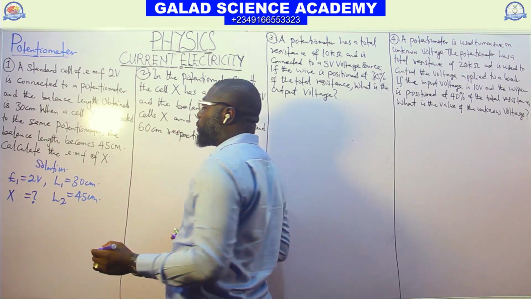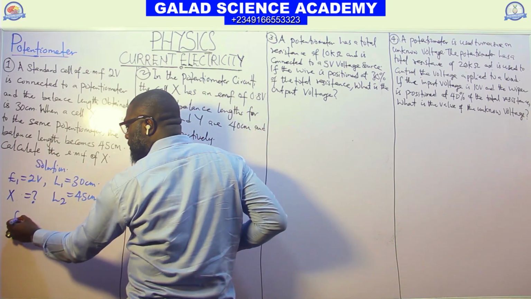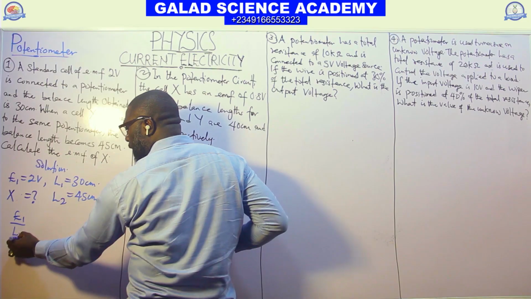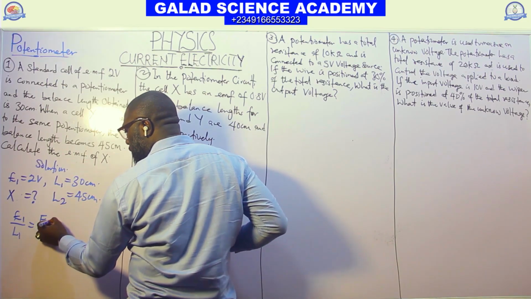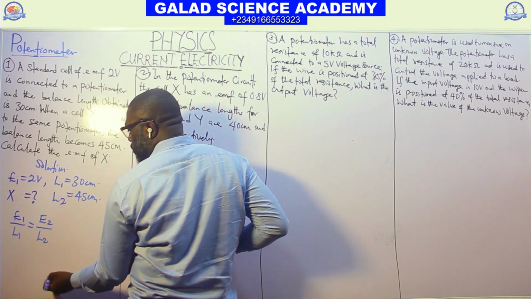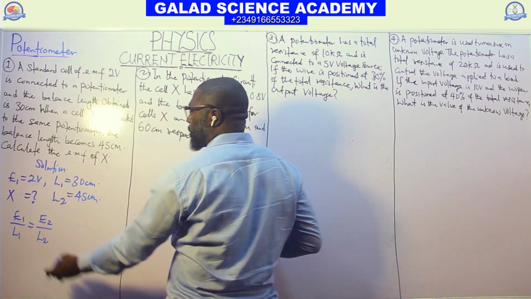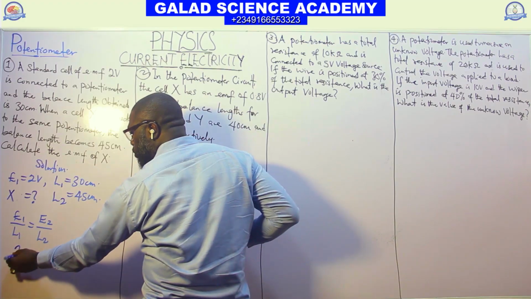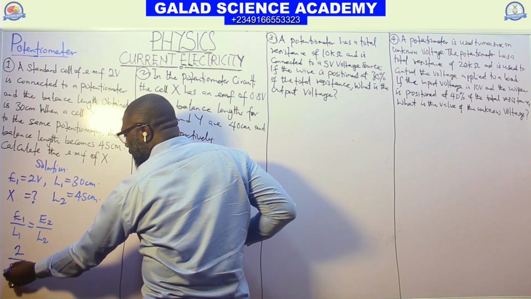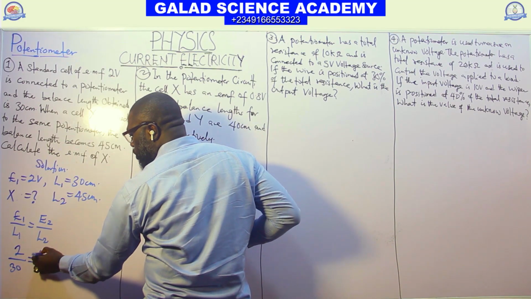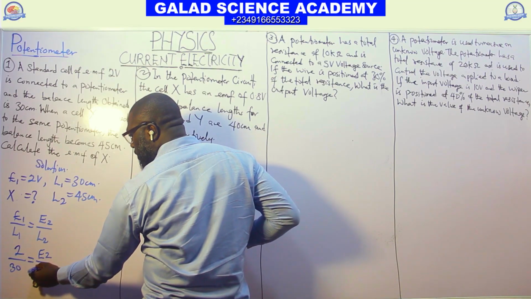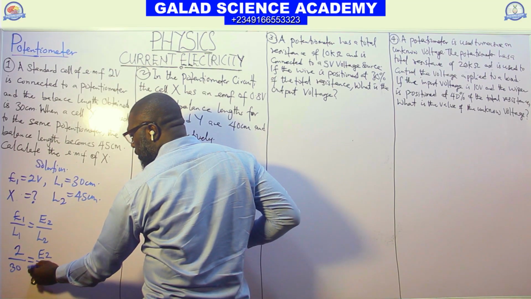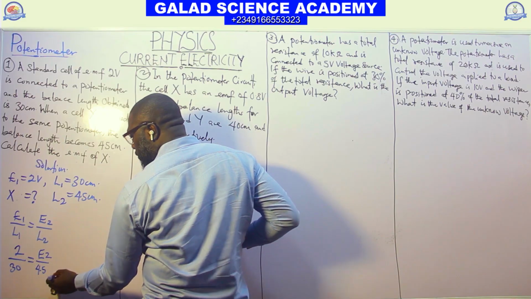From the principle of potentiometer, what is the formula? E1 L1 equals E2 L2. We are looking for E2. Substitute each value. E1 is 2, L1 is 30, equal to E2 over 45.